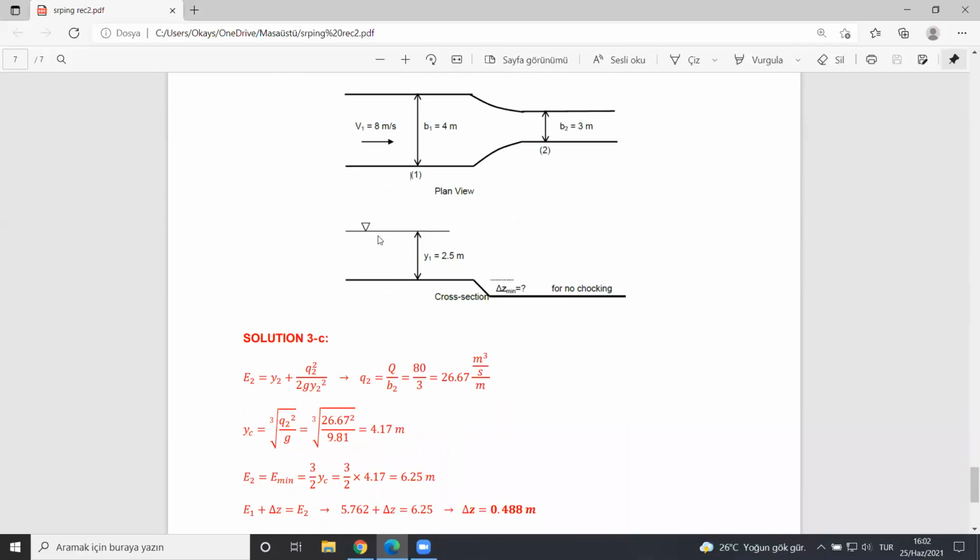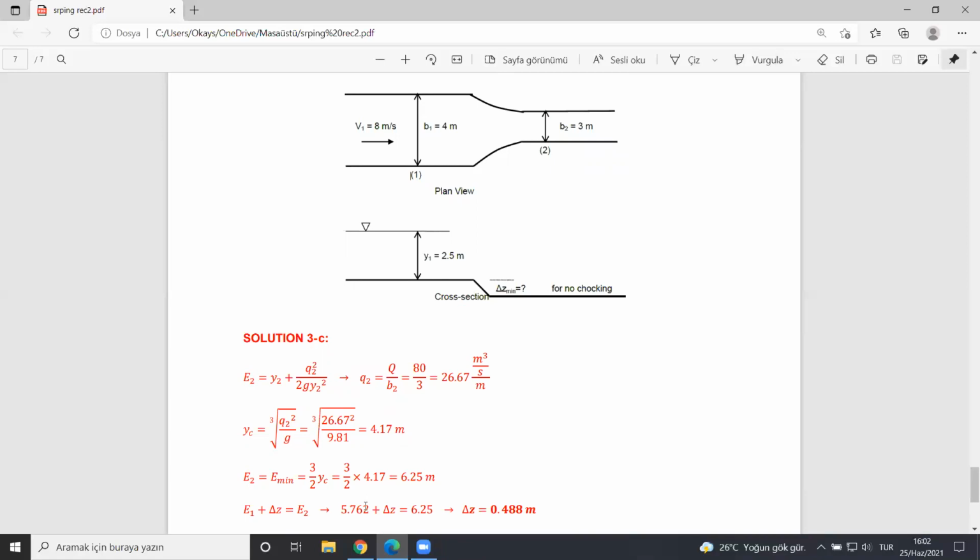If we look at this side view, the cross section, we can write the energy equation between section 1 and section 2, and we can calculate this delta Z minimum. What is the energy equation? Energy at section 1 plus this downward step, which is delta Z, will be equal to the energy at section 2.